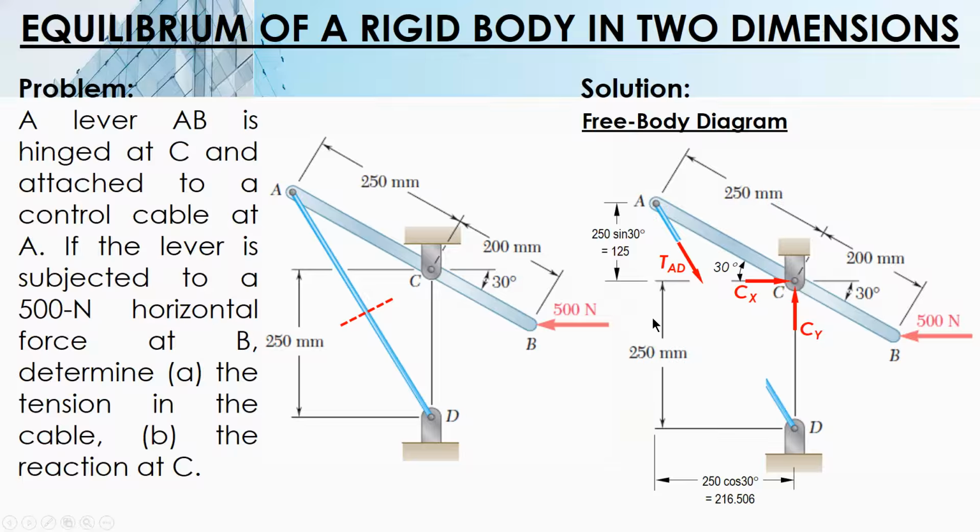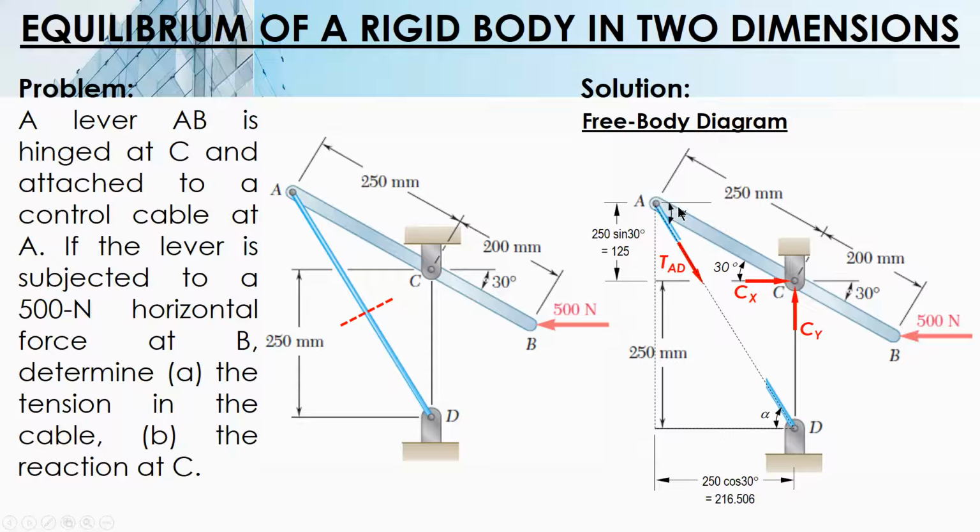After this, we can now get the direction of tension ED. Okay, considering this right triangle, we already have this one. 250 plus 125. That's 375 and then 216.506. So we can get the angle alpha.